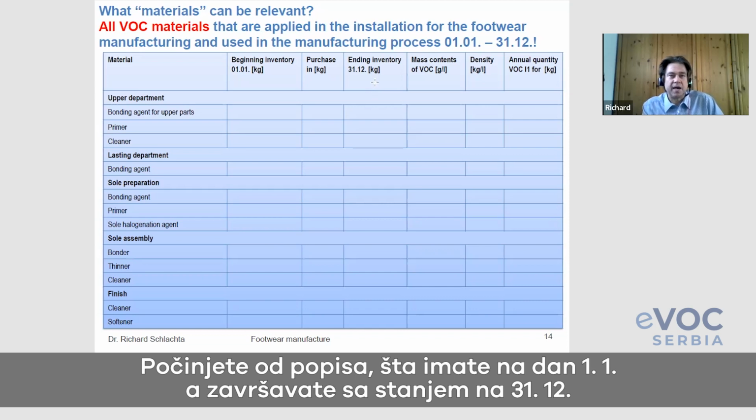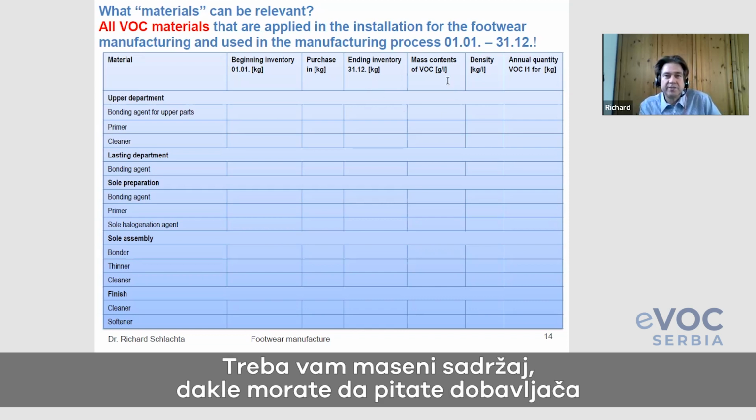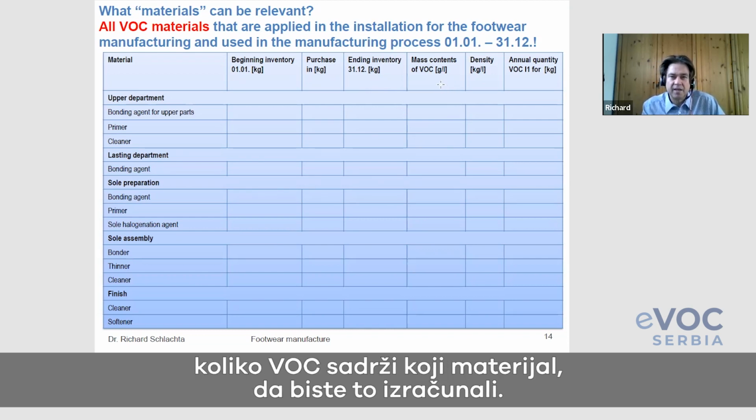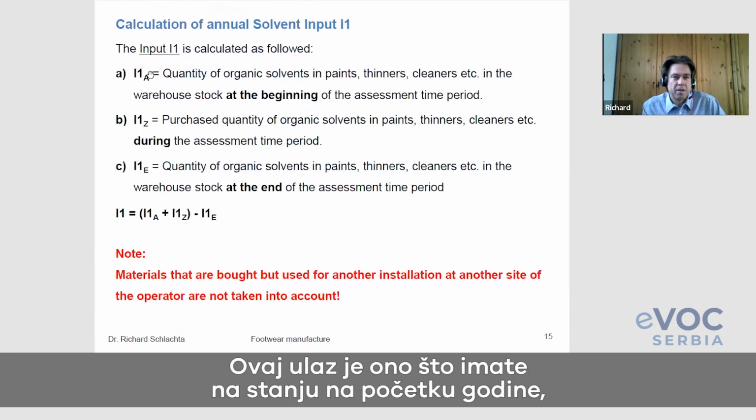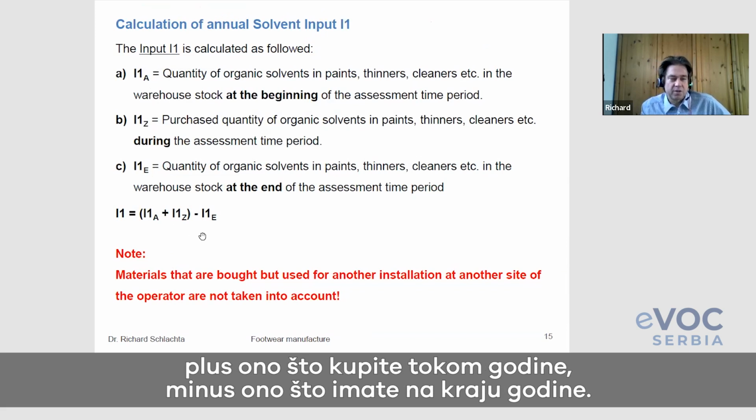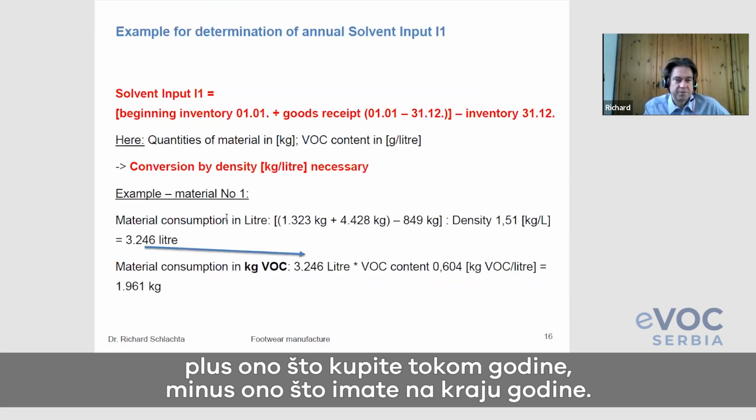You need the mass content. In most cases you have to ask the supplier, and then you can calculate the quantity. And this input is what you have at the beginning, plus what you have bought, minus what is left at the end. So you can calculate this input.